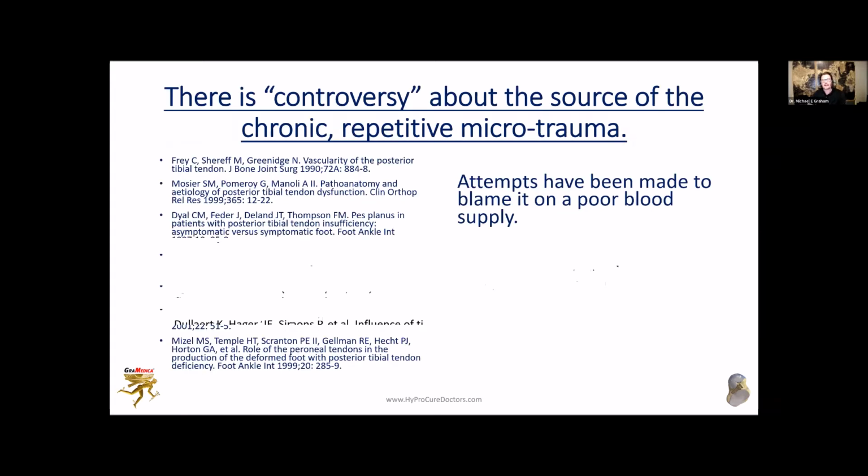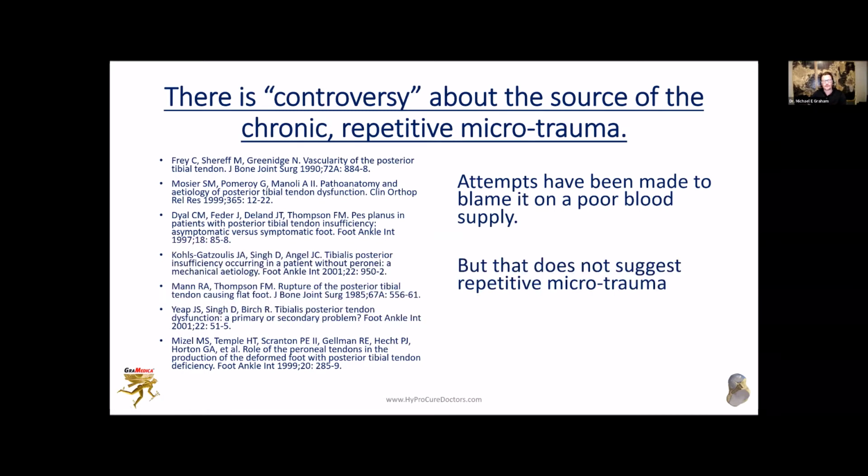So there's been a lot of controversy, unnecessarily, really, in my opinion, about what is the source of the repeated microtrauma to the posterior tibial tendon. Some arguments have tried to be made that it's a vascular issue with the tendon, but again, there's that strain that comes first, and the strain leads to vasoconstriction of the blood vessels that are trying to feed nutrients and remove the metabolites from the tendon.